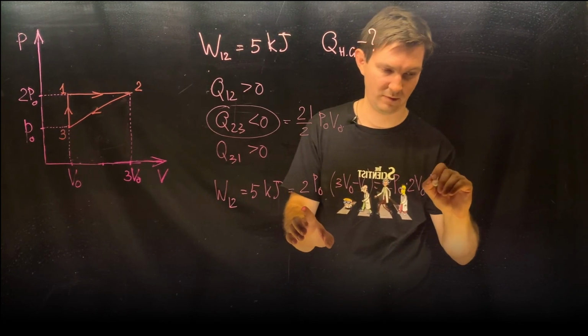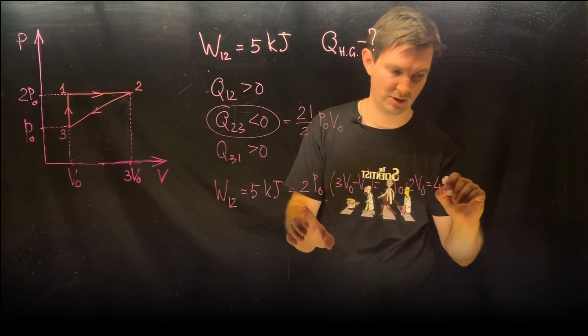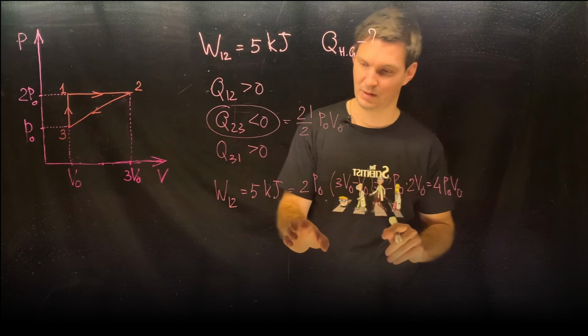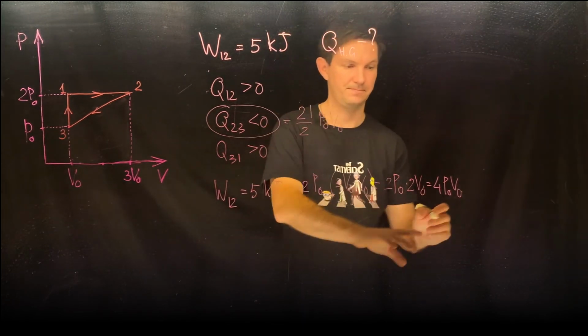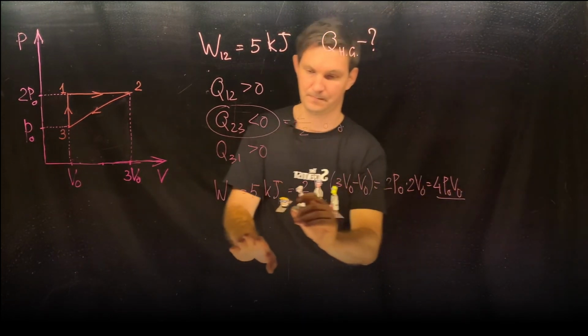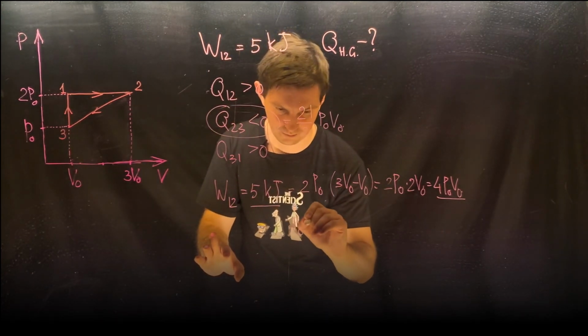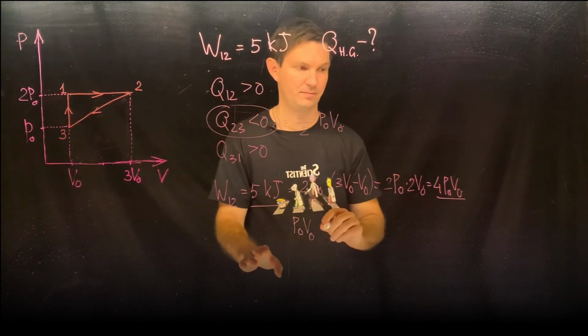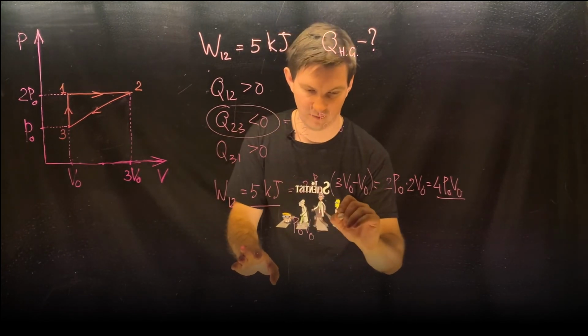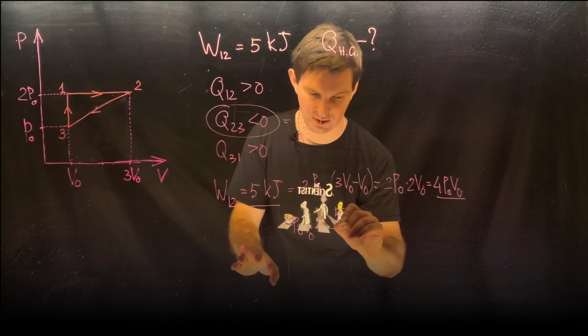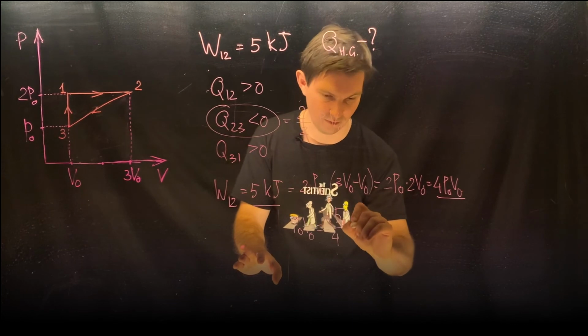It is 4P0 V0, and it means that P0 V0 is 5 kilojoules divided by 4.